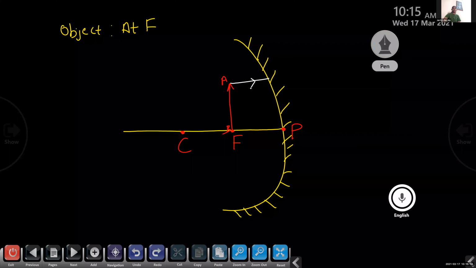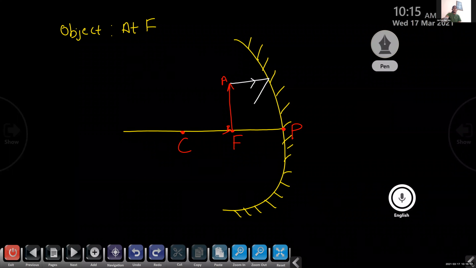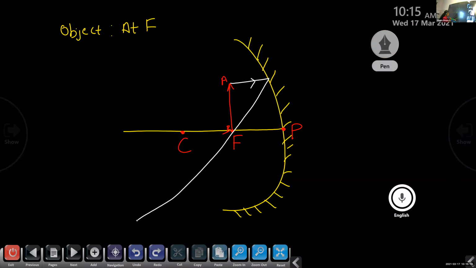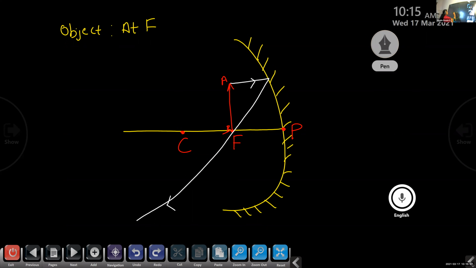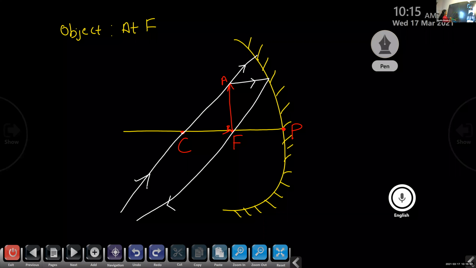Yes, it passes through the principal focus. Next, the second ray is passing through the center of curvature. After the reflection, what happens to that ray of light? It returns through the same path.